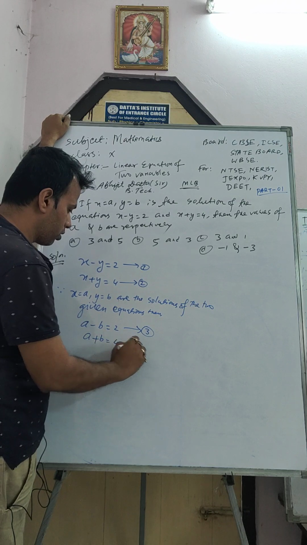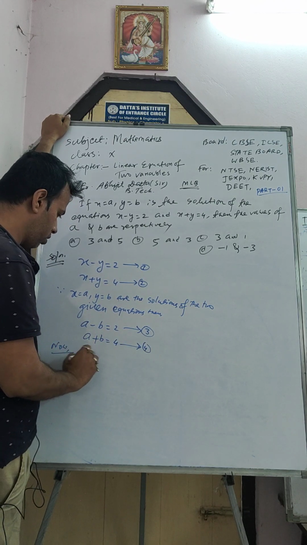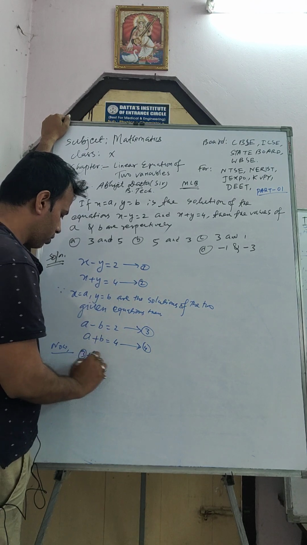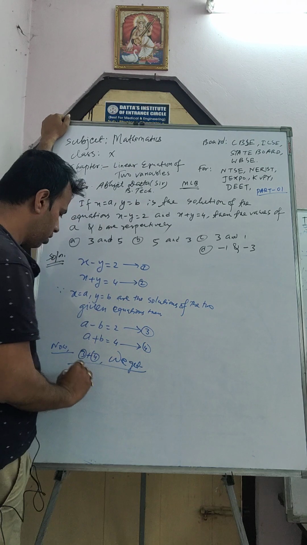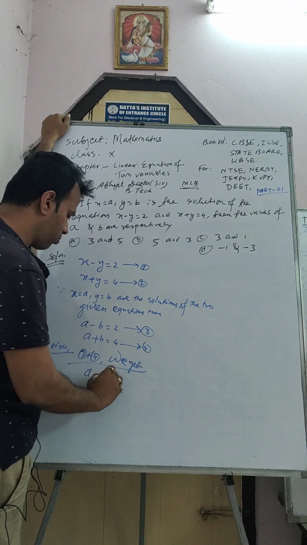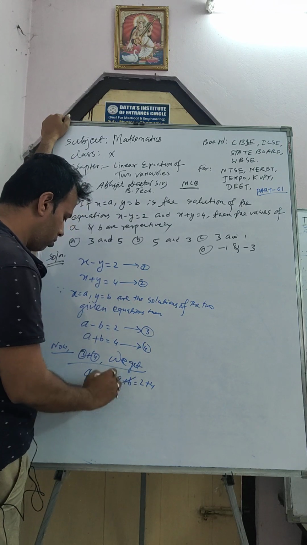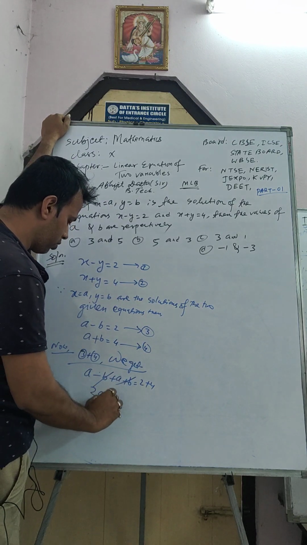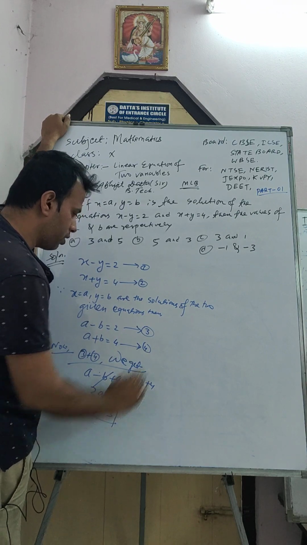This is equation 4. Now I add these two, 3 plus 4, we get a minus b plus a plus b equal to 2 plus 4. That is 2a equal to 6, so a equal to 3. So the value of a is found.